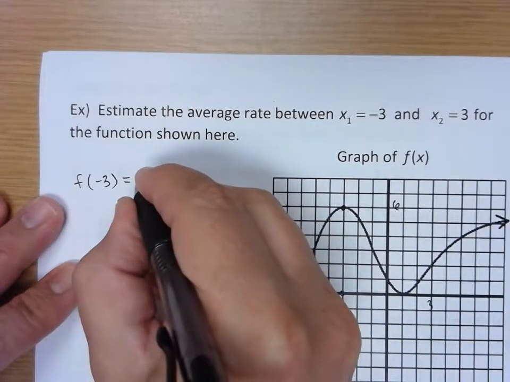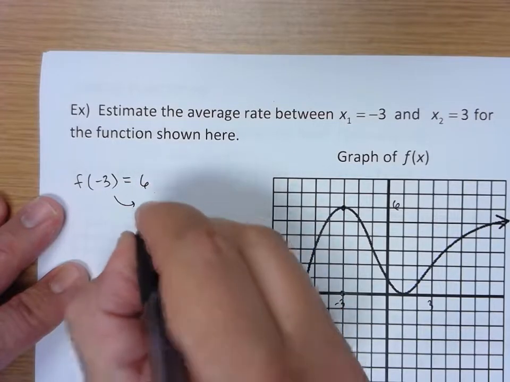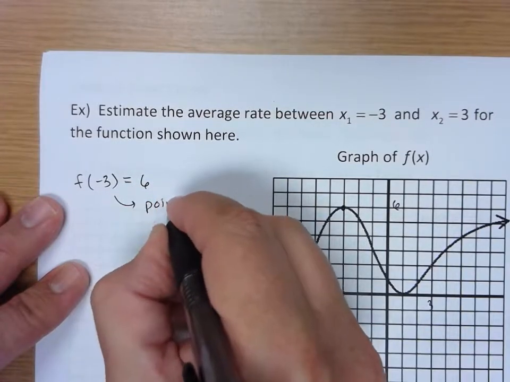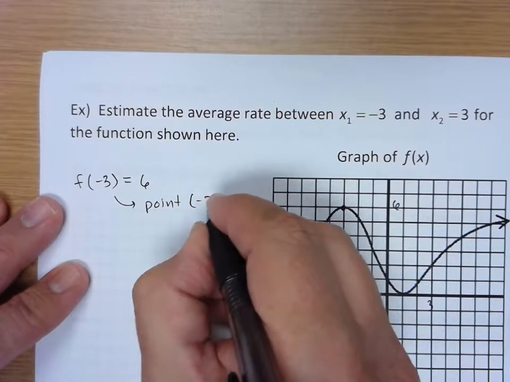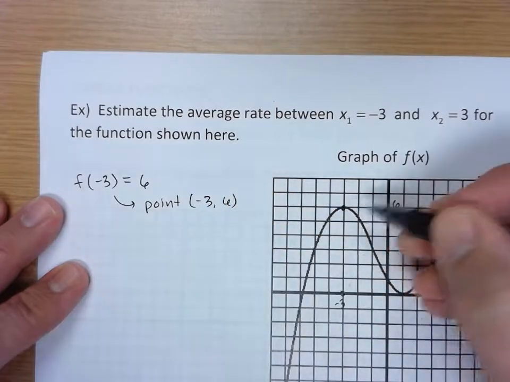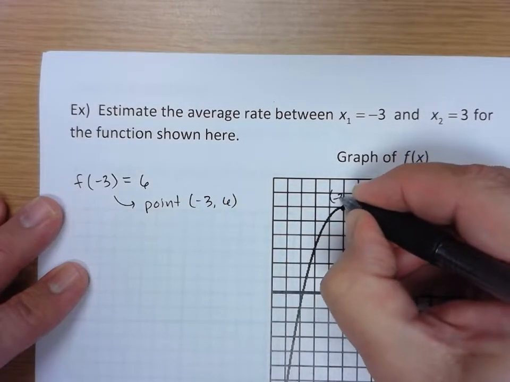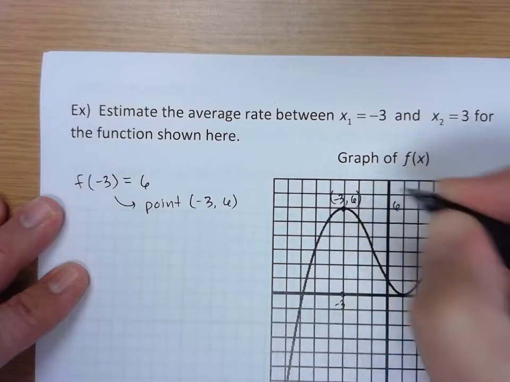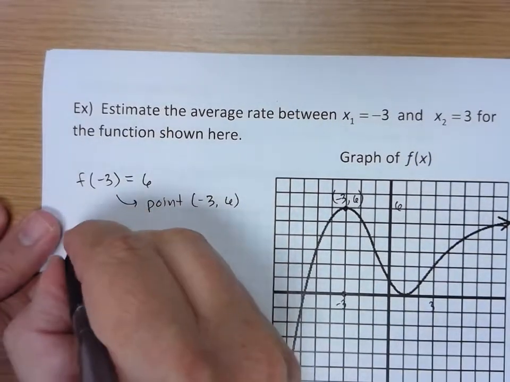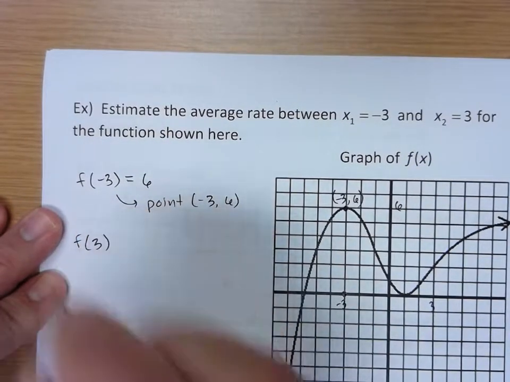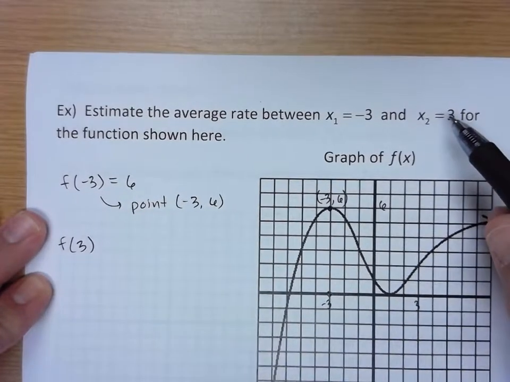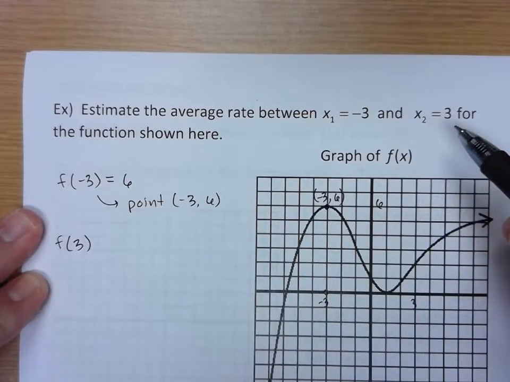So f of -3 equals 6, which means that's the point -3, 6 on the function's graph. We need to get the f output at x equals +3.